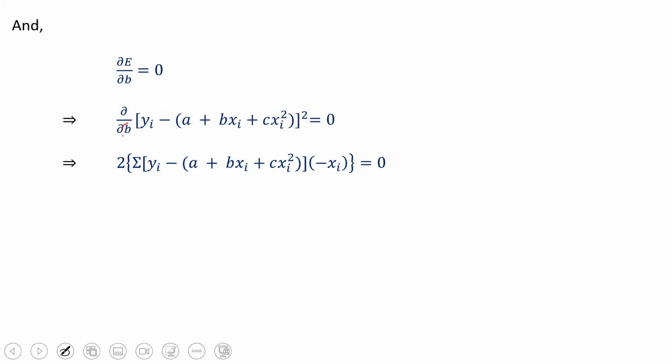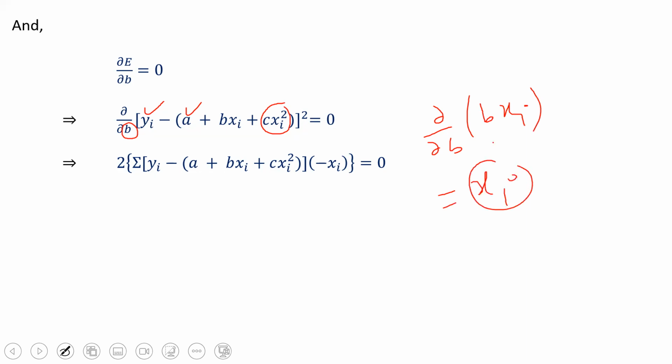Since the variable is b, with respect to b, the derivative of yi is 0, the derivative of a is 0, and the derivative of cxi square is 0. Only the partial derivative of bxi with respect to b is xi. Since there is a minus sign over here, it should be minus xi.